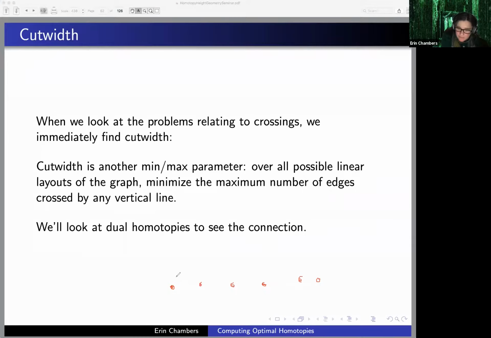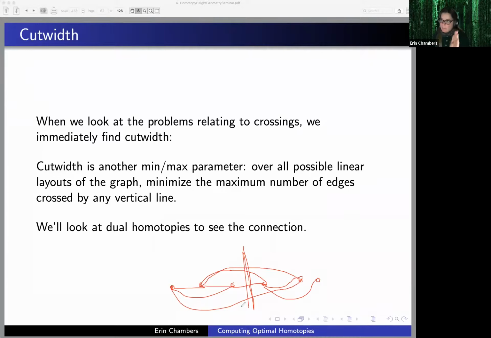And of course, if I give a linear layout, there's things connecting them between. Who knows what it looks like? It could have a bunch. And I want over all the possible linear arrangements to minimize the maximum vertical in between, right? So essentially, I'm choosing which edges to intersect by rearranging my linear layout.